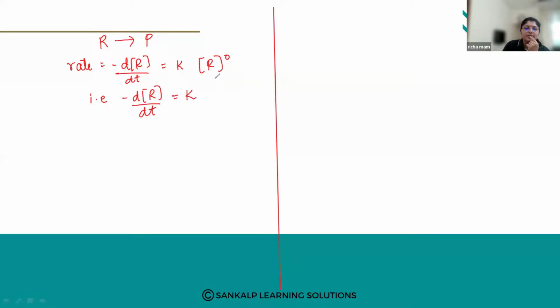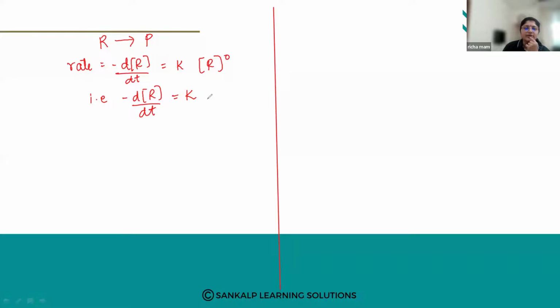Considering a zero order reaction, we know that reactants give you product. So rate is given as minus dR by dt, which is equal to the rate constant times concentration of R to the power 0.